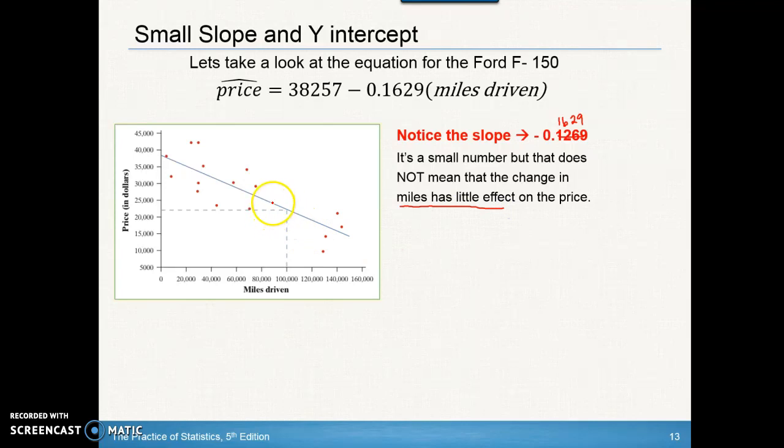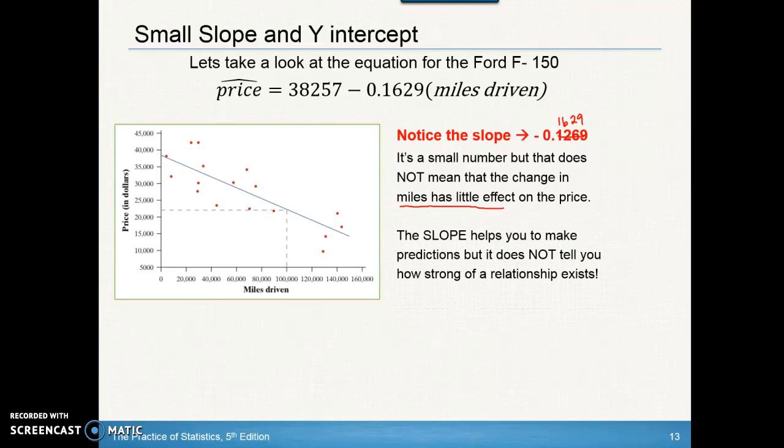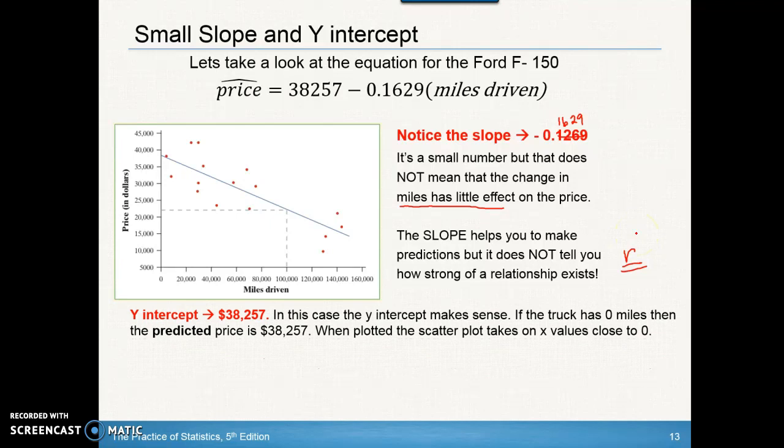All it means is for every mile that I've driven, the price goes down by a little bit. It doesn't necessarily mean that the miles driven does not have a huge impact on the price of the car. The slope helps you to make the predictions, but it does not tell you how strong a relationship exists. Do you remember what that is? Remember, r is the only thing that tells us the strength of the linear relationship.